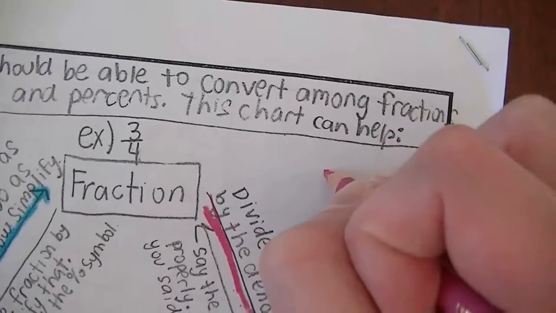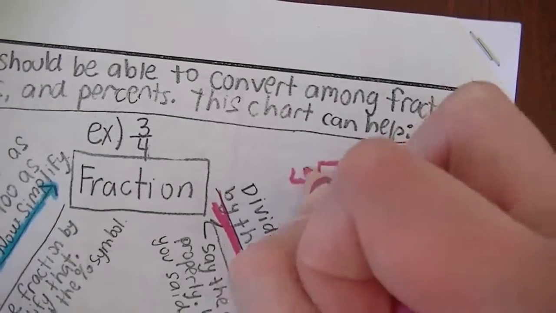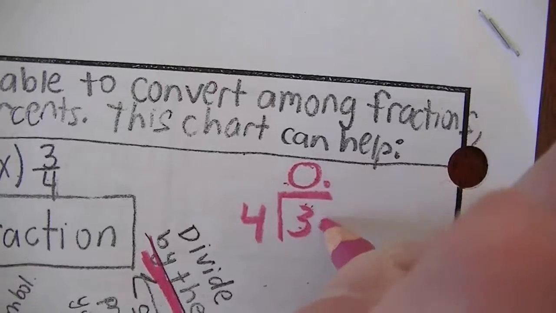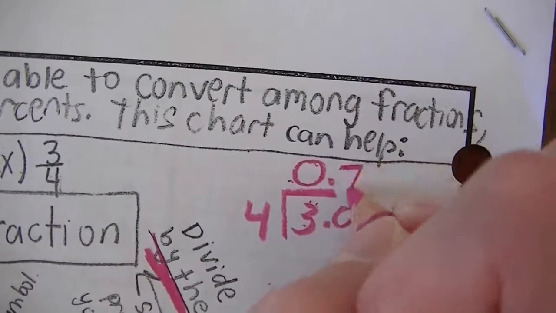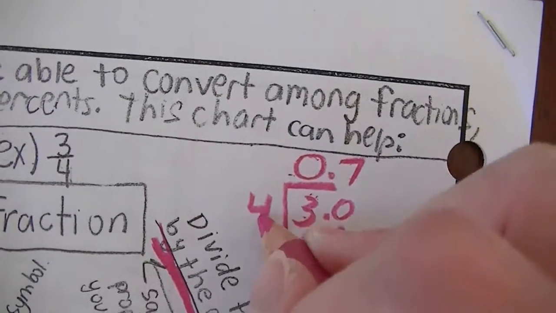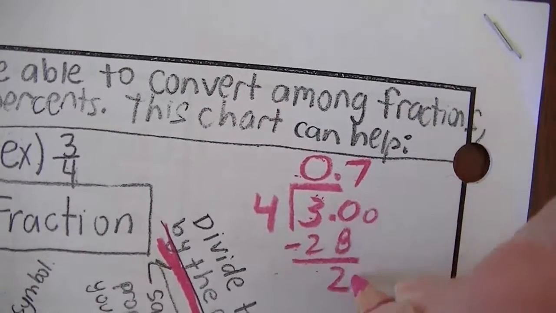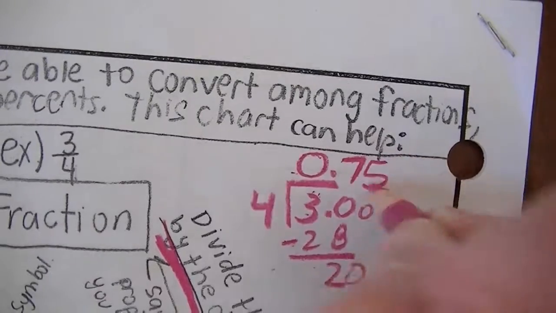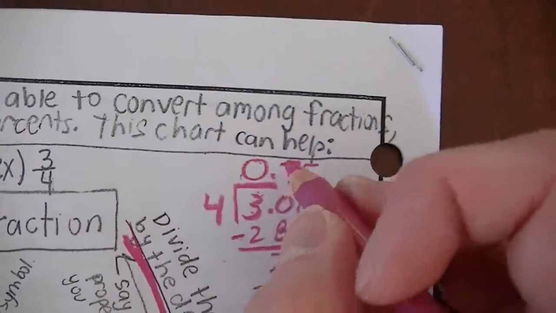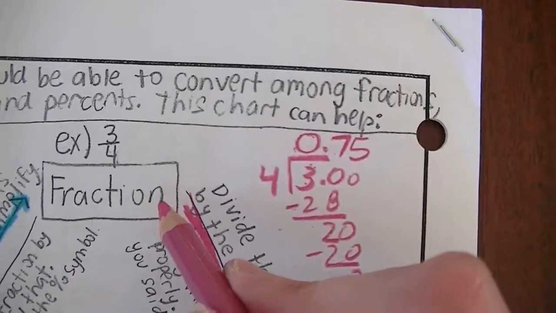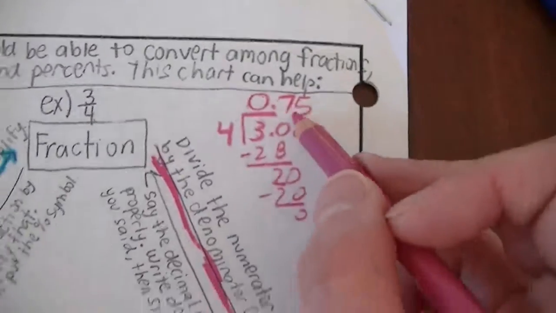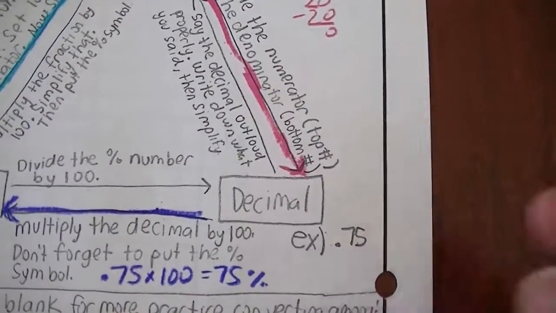So I need to go 3 divided by 4. 4 does not go into 3. 4 goes into 30 7 times. 4 does not go into 2, but it'll go into 20. And it goes in 5 times. 4 times 5 is 20. There's no remainder. So that right there is the fraction's decimal version, that fraction as a decimal, okay?